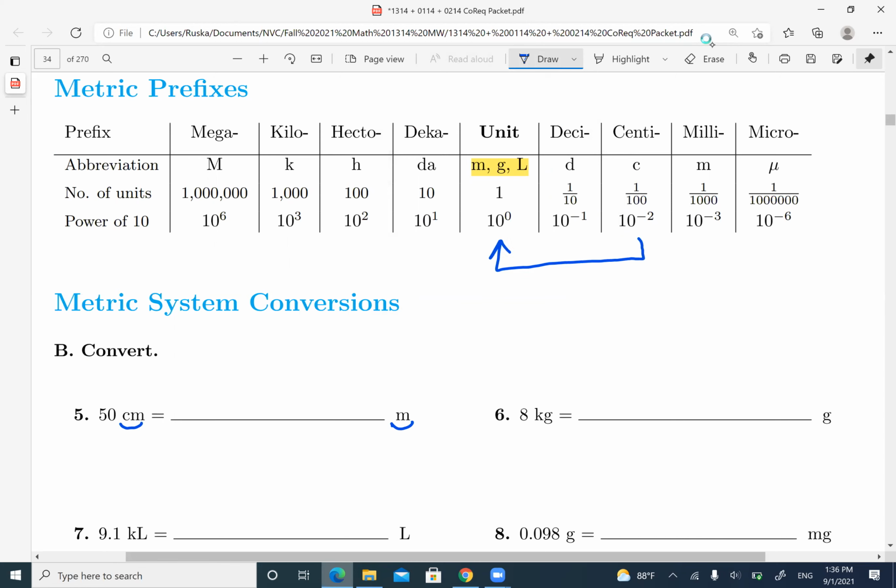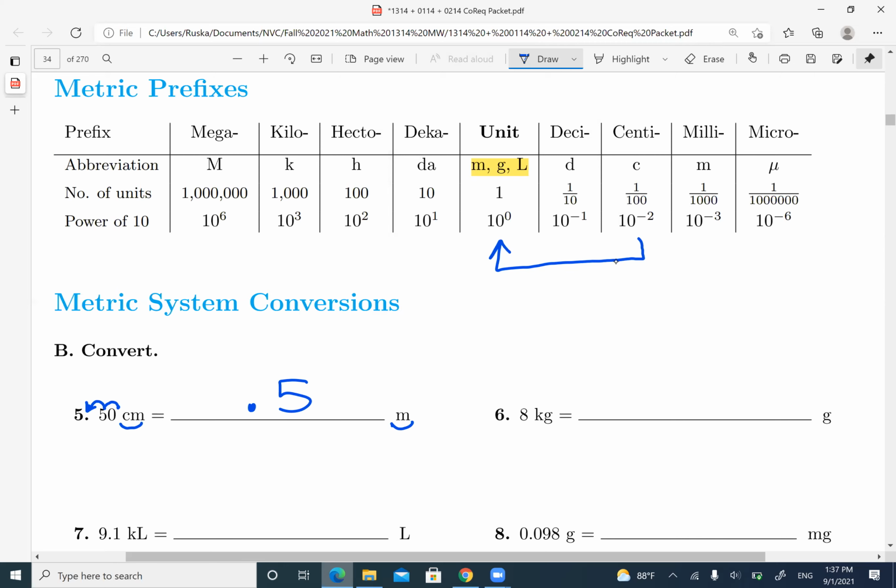Imagine this a little stair. So going 1, 2 steps, right? If you're going 2 steps to the left, you're moving the decimal to the left. So the decimal is going to be 1, 2. So it's going to be 0.5 meter. So 50 centimeters is 0.5 meters.